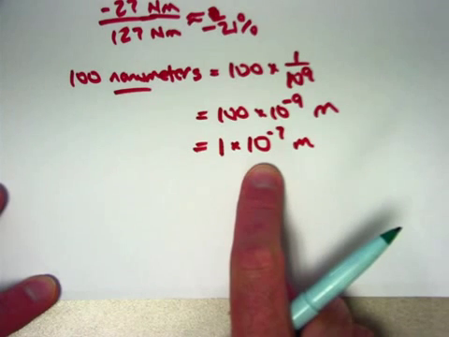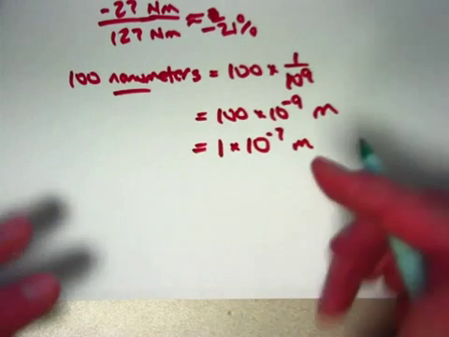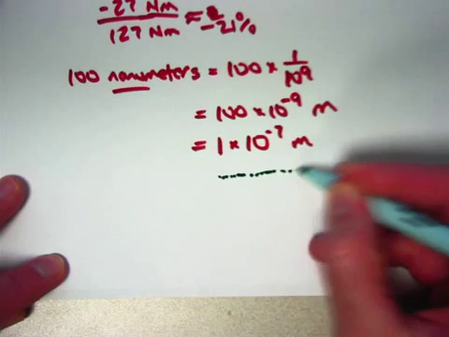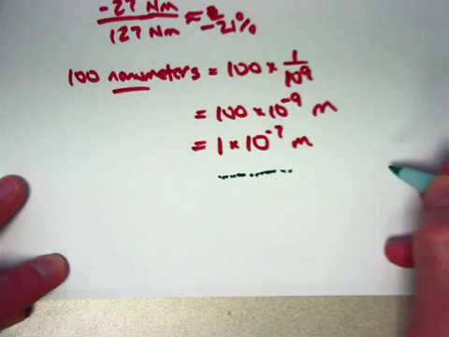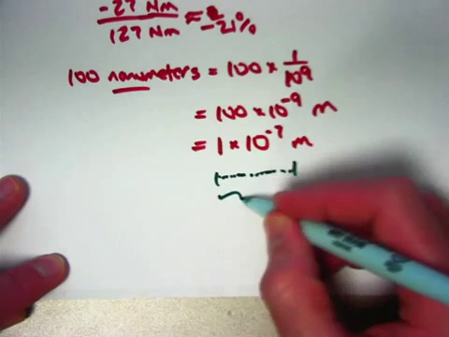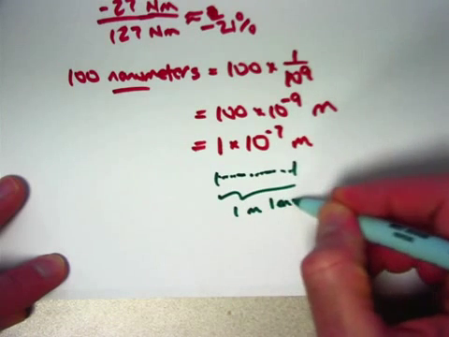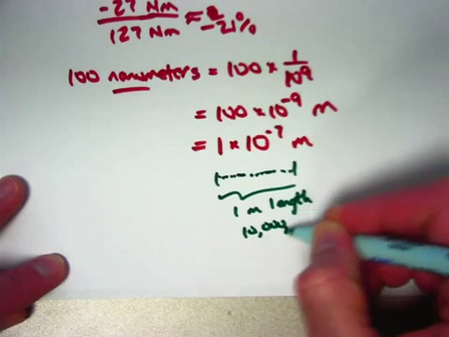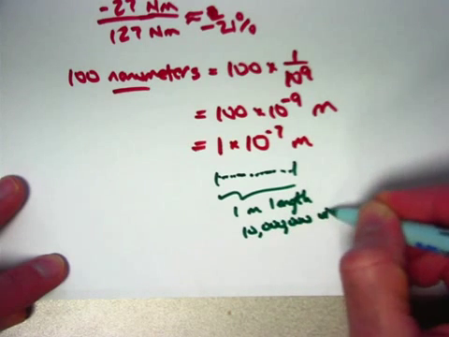If I then imagine scaling those up to being 1 meter in diameter, and imagine the original viruses lined up, you'd have 10 million of them in a meter. If this is 1 meter in length, you'd have 10 million viruses.